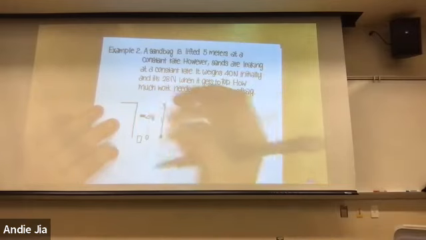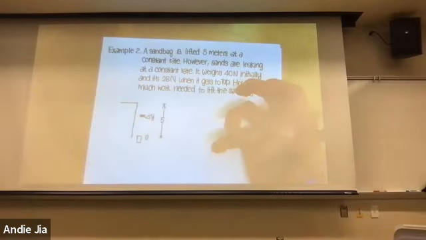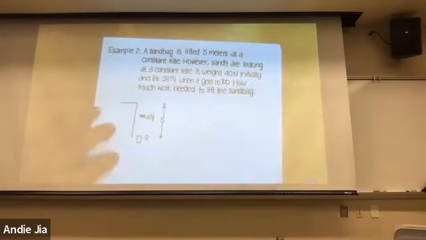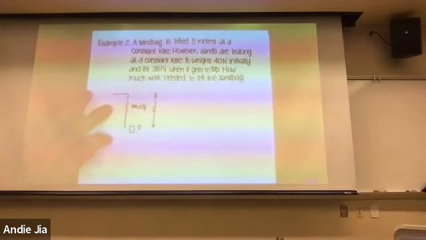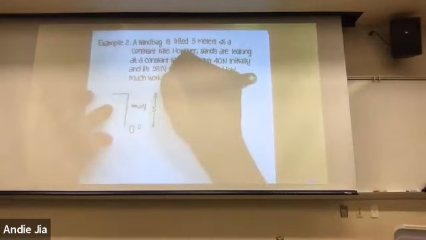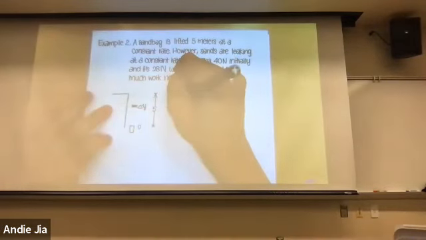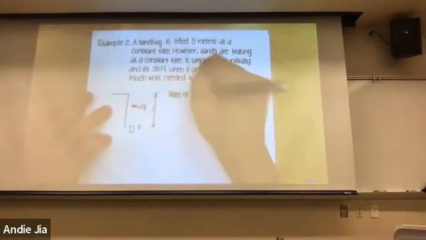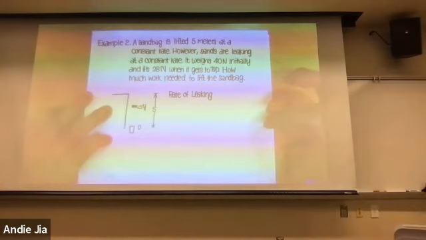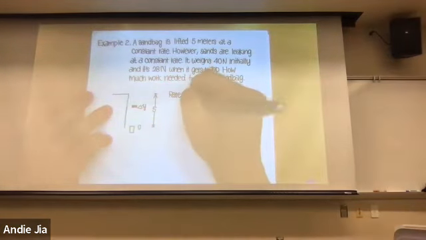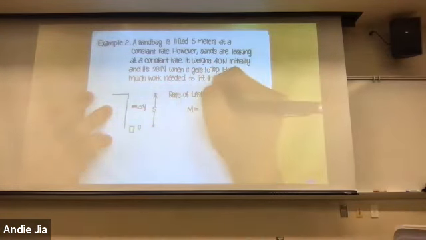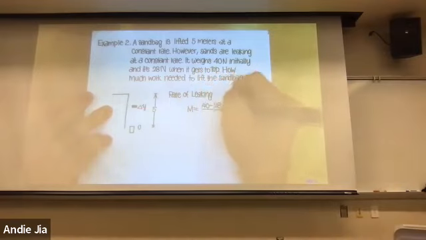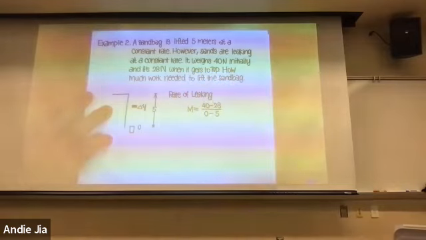The initial height is 0. So the rate of leaking is 40 minus 28 over 0 minus 5, which is going to be negative 12 over 5.